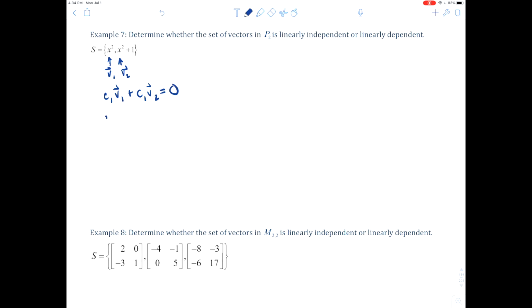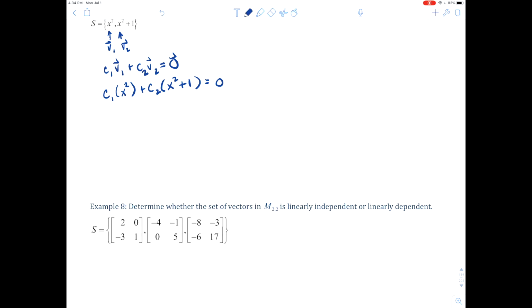So what would we get? We get C1 times x squared plus C2 times x squared plus 1 equal to the 0 vector for polynomials, which is just 0. I don't know if you remember partial fraction decomposition, but you add in the 0 terms for what you need, and you end up equating coefficients.